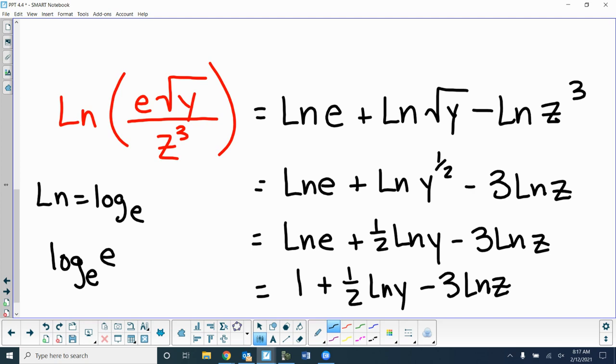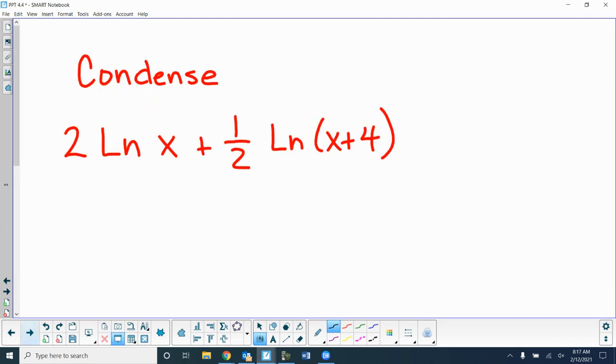All right? The other thing we're going to do is we're going to look at something like this, and then I want you to make it into that. Condense it. All right? So since that's out front, where could I move it? To the exponents, right?